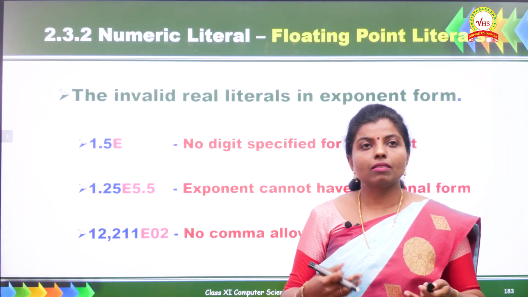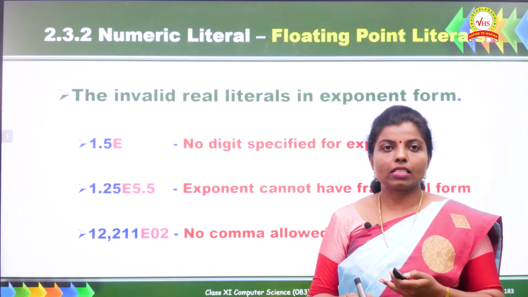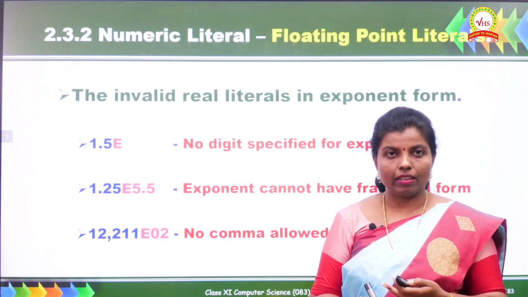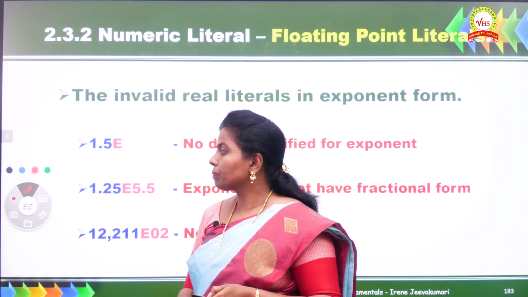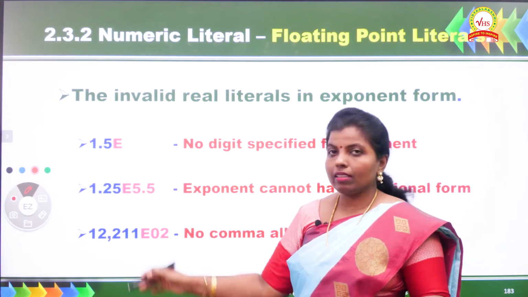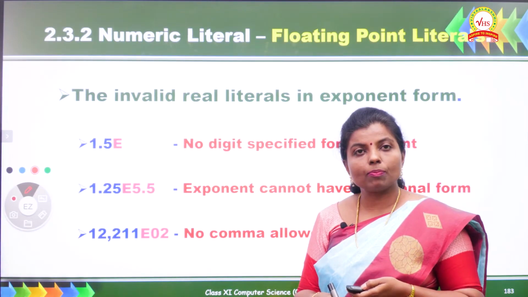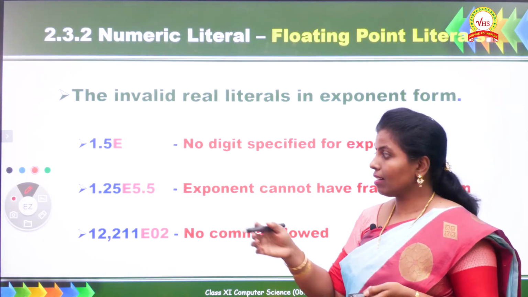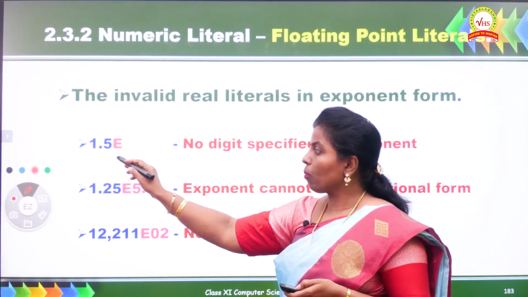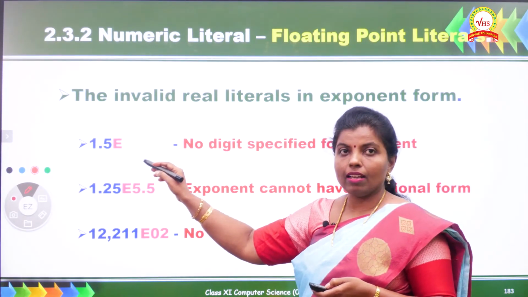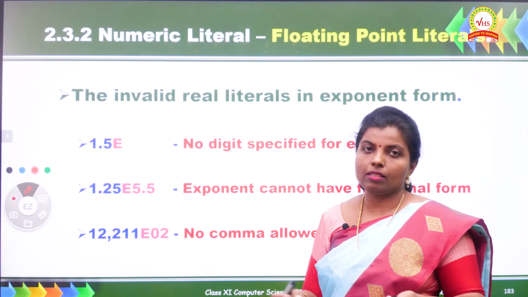Some numbers when we represent in an exponent form become invalid. What are the reasons why they become invalid? We must know. You can see all the numbers in exponent form are invalid ones. What is the reason? For the first one, let us see. Here you see number 1.5 e is given, after e no digit is specified.